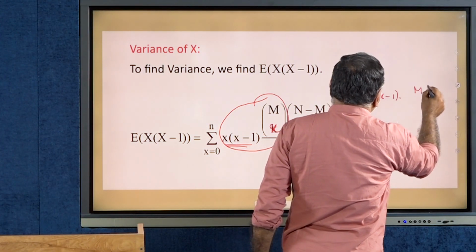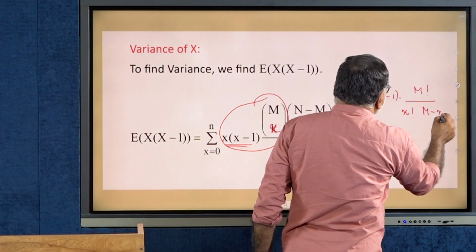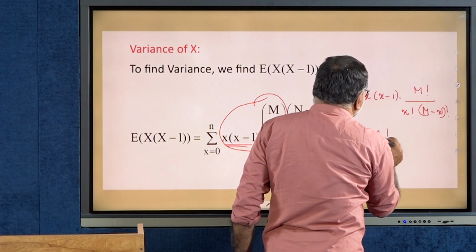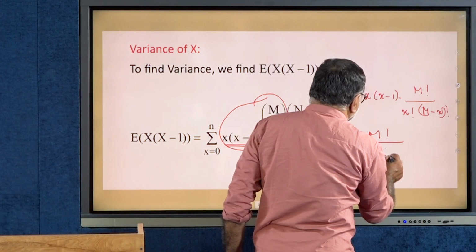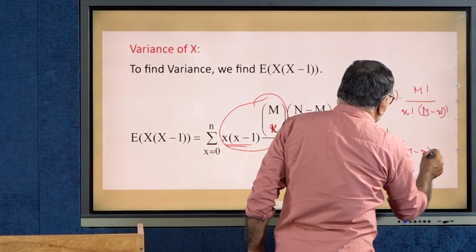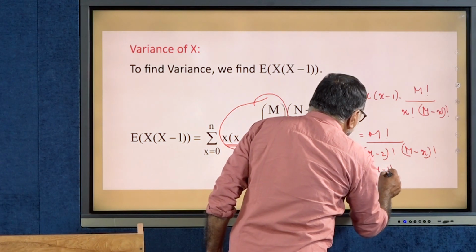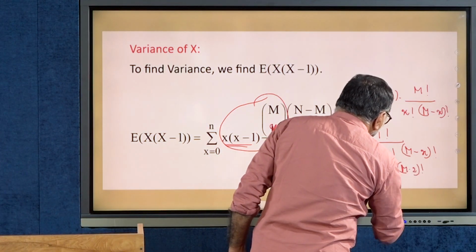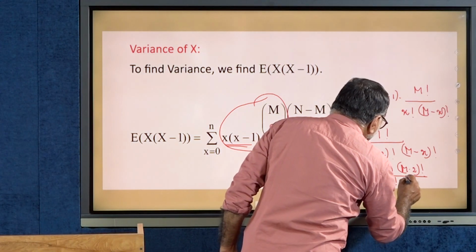So x into x minus 1 times MCx, that is M factorial divided by x factorial M minus x factorial, which equals M factorial divided by x factorial, and x into x minus 1 cancelling the common factors, you can write x minus 2 factorial M minus x factorial. And we can represent that by M into M minus 1 into M minus 2 factorial divided by x minus 2 factorial M minus x factorial.